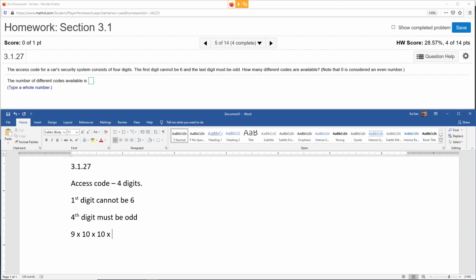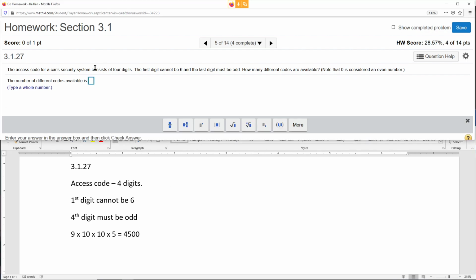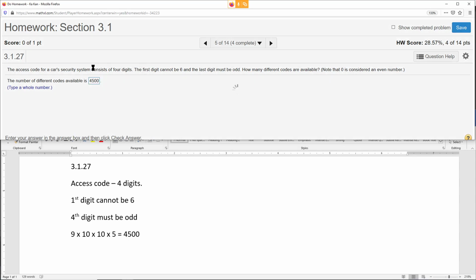But the fourth digit is when it gets a little bit crazy. The fourth digit must be odd. How many odd digits do we have? 1, 3, 5, 7, 9. That's 5. Multiply them together, and that's your answer. 9 times 5 is 45. 10 times 10 is 100. So that's 4,500.